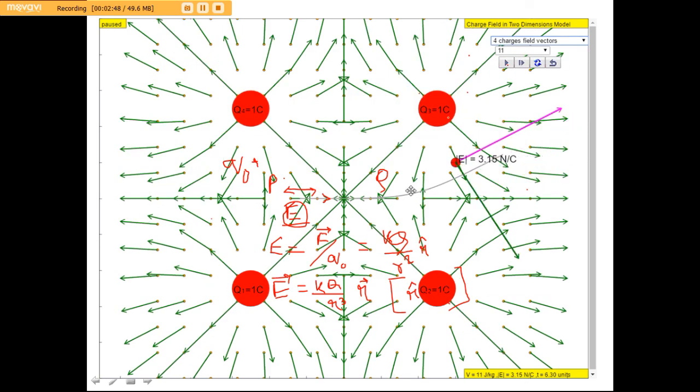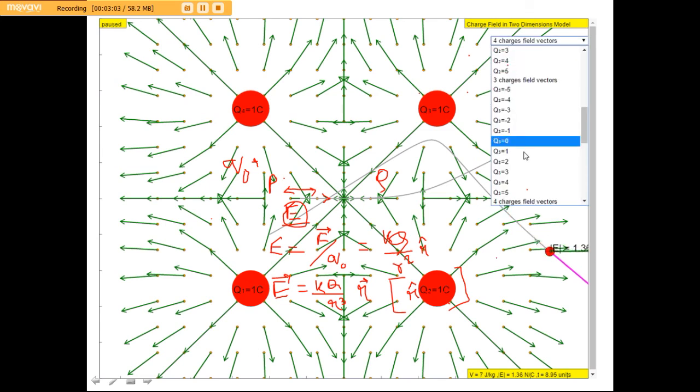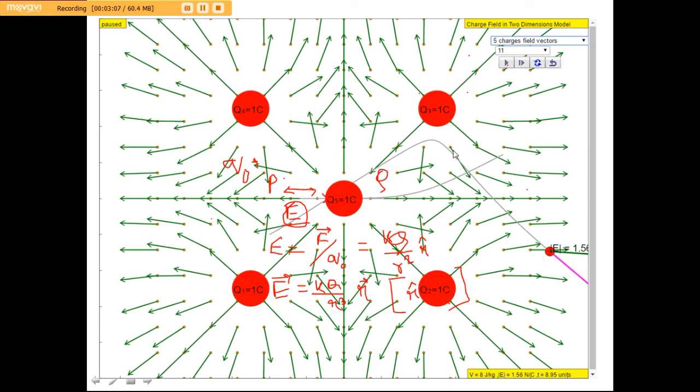Now for four charges, the field vector, where the test charge varies for the different electric forces and acts in different electric fields, but in all cases the formula is the same: the electric field equals kq by r square along r vector.